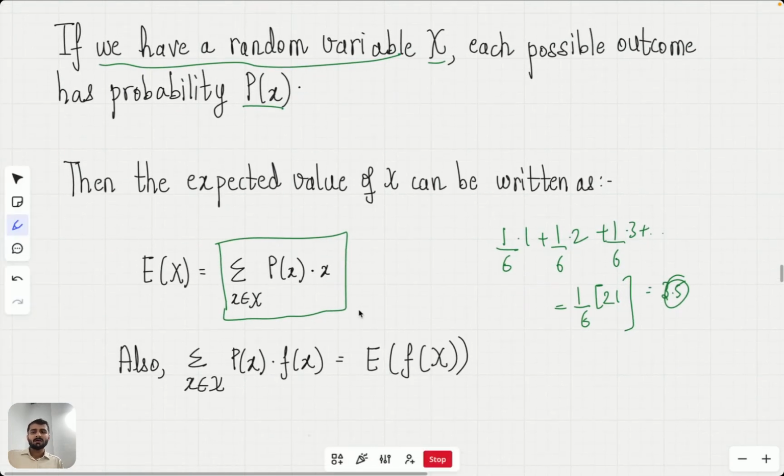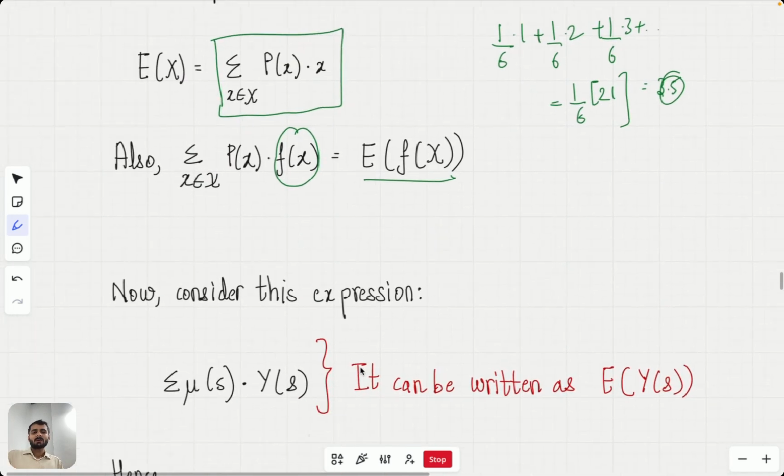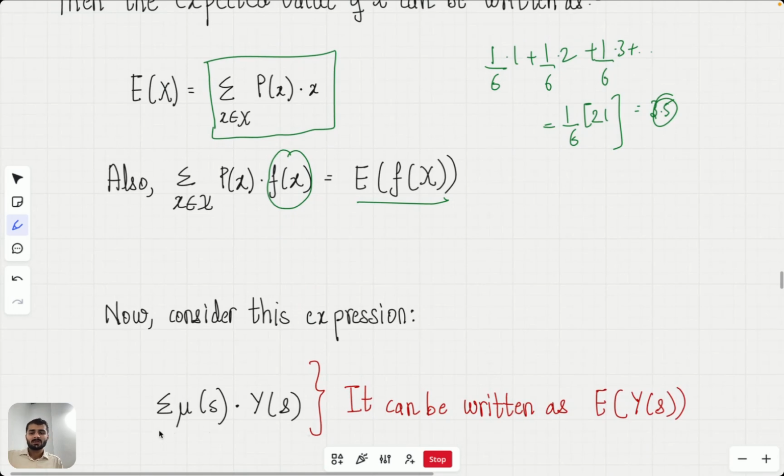Similarly, if we replace x with f of x, we can calculate the expected value of f of x also, by multiplying the probabilities of each event not by x but by a function of x. Now we are going to consider this expression, which is sigma mu of s into y of s.